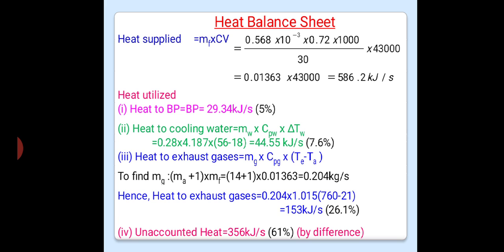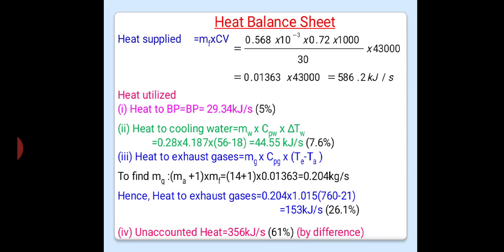Why have we taken this? Because they have given the fuel consumption for 30 seconds, along with the specific gravity. For 30 seconds they have given how much fuel is consumed, so we have to convert it to fuel consumed per second.